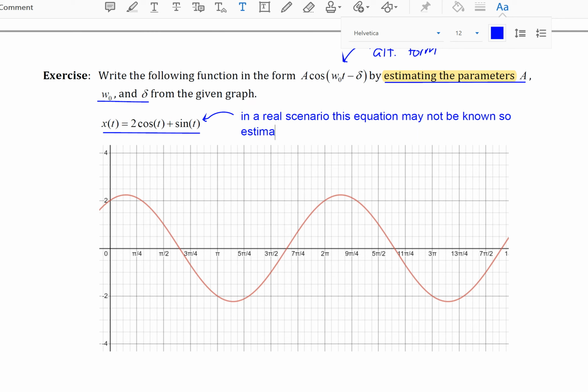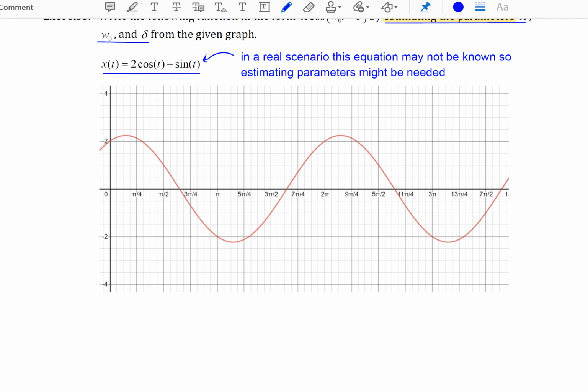So estimating parameters might be needed. So let's look at how we can estimate these parameters. Let's first look at the amplitude, A.